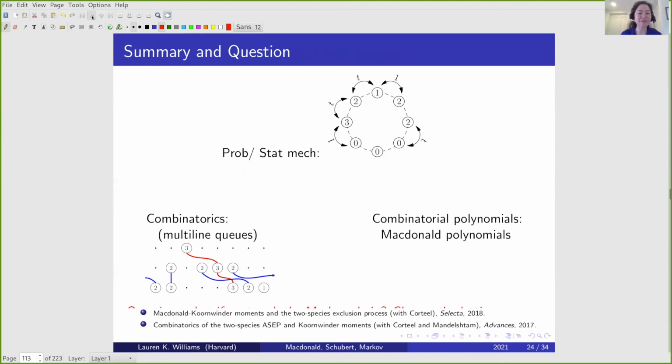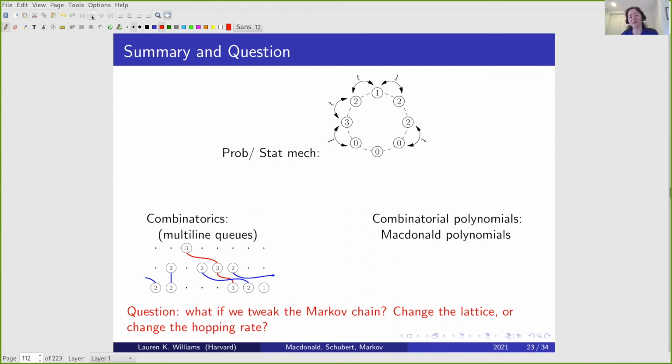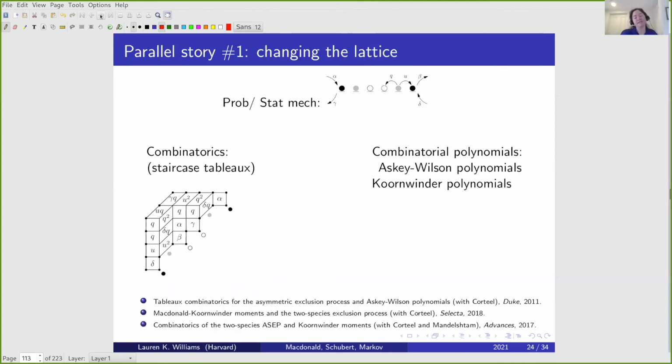So anyway, I raised the question, what happens if we tweak our Markov chain? There's several ways we could tweak it, either by changing the lattice or by changing the hopping rate. So here's one thing we could do. We could change our lattice, and instead of having particles hop on a ring, we could have them hop on an open line, like a line with open boundaries where particles can enter and exit at both sides. This is a model that we studied at length some years ago.